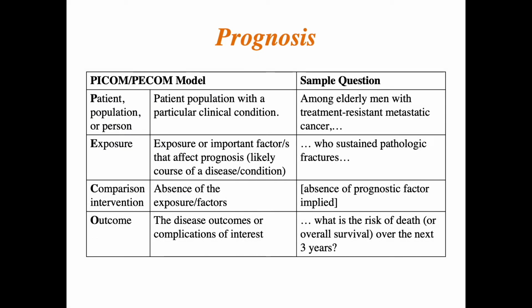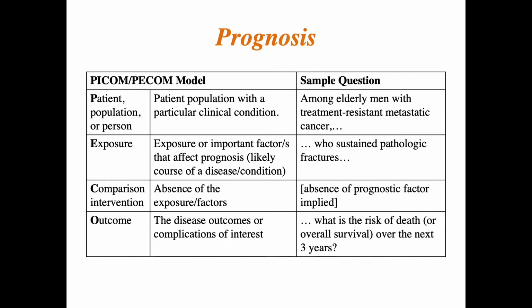Okay, so let's have another example. Among elderly men with treatment-resistant metastatic cancer, that would be the P component of the PECOM model. So we have elderly men as a patient population, and the particular clinical condition that they have is treatment-resistant metastatic cancer.